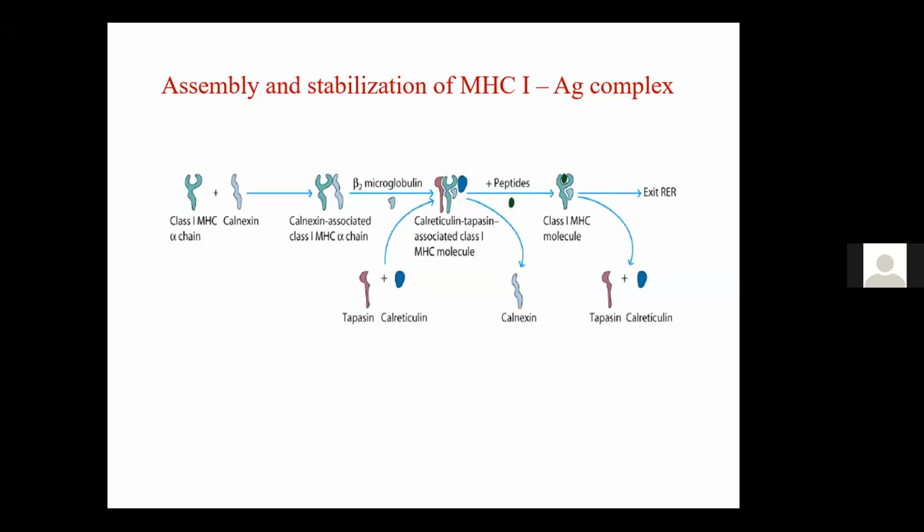We have calnexin, which is very critical in stabilizing MHC class 1. We also have beta-2 microglobulin, which also binds, and this enables further release of the peptides that can be coupled with MHC class 1. So this is a classical example of an intracellular infection.